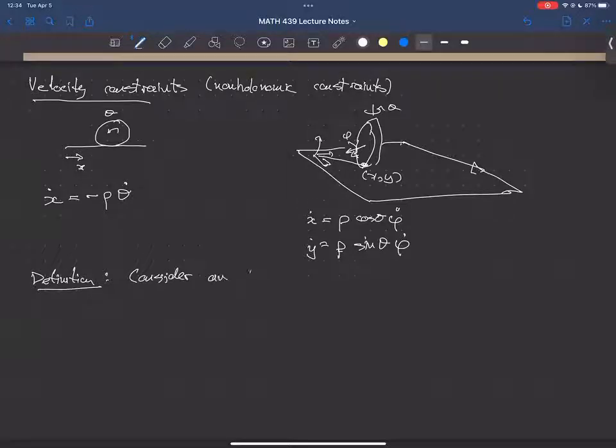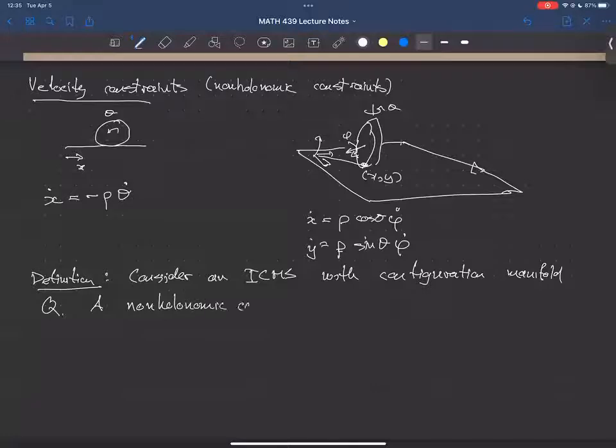We're going to consider an interconnected mechanical system with a configuration manifold Q. Okay, so a non-holonomic constraint, right?